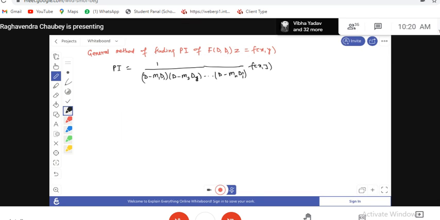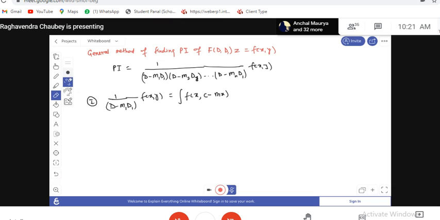So what is the general method? Here there are basically two cases, depending on the value of this factor D minus m D1. We solve this by the formula: 1 over (D minus m D1) of f(x, y) equals the integral of f(x, c minus mx) dx, where c is y plus mx.